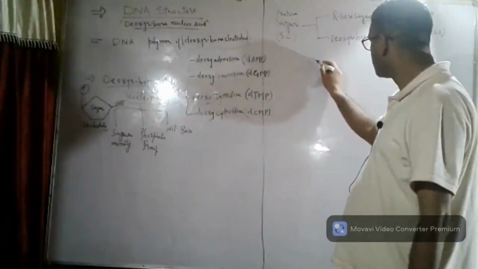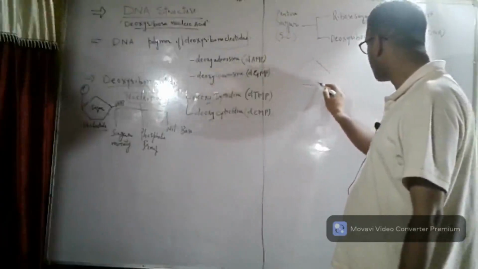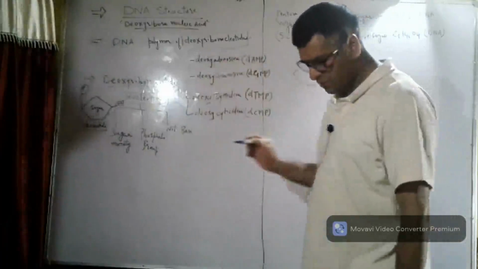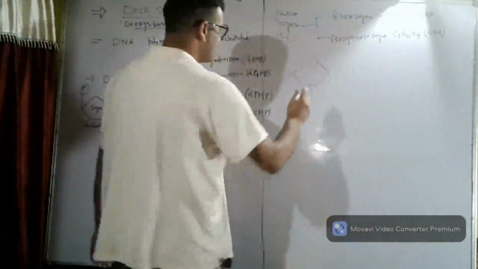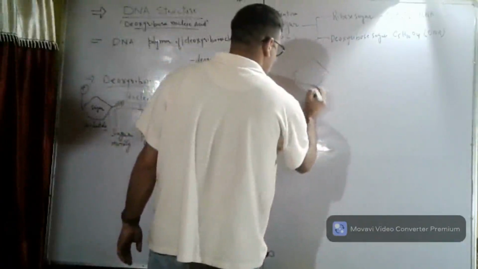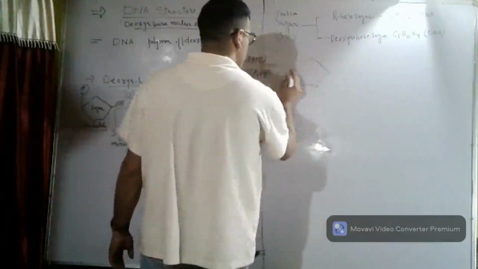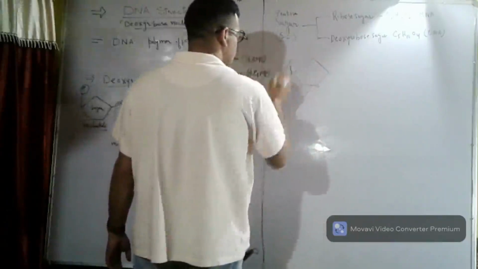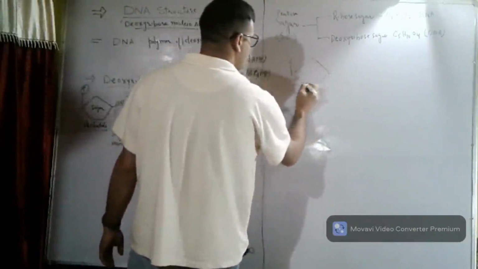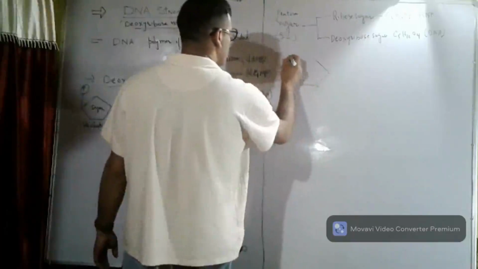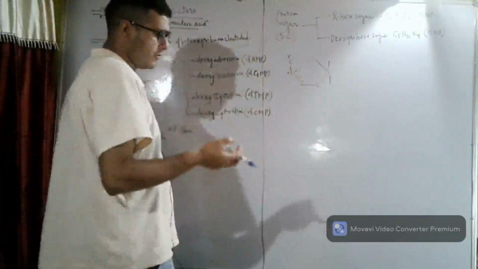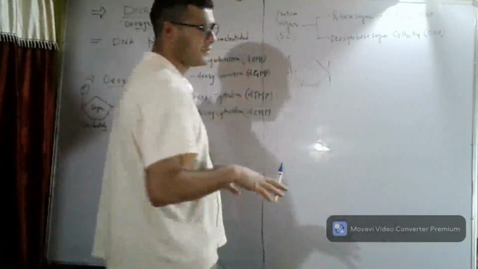So we have 5 carbon atoms. We can count them: 1, 2, 3, 4, 5 carbon atoms. Now we will make the valency of carbon tetravalent.